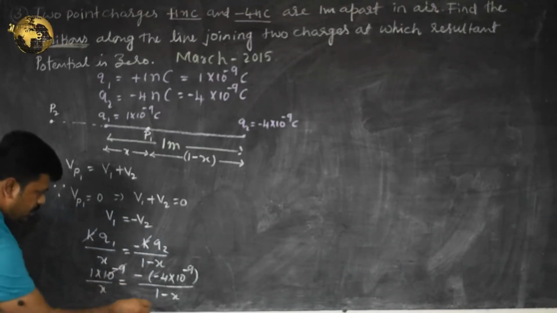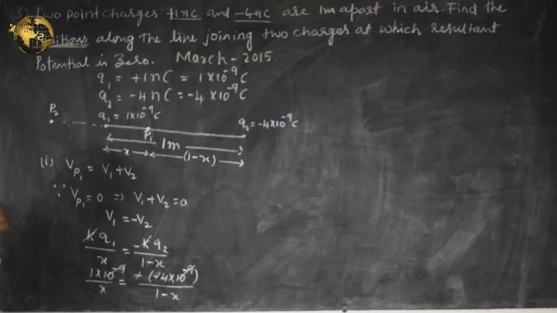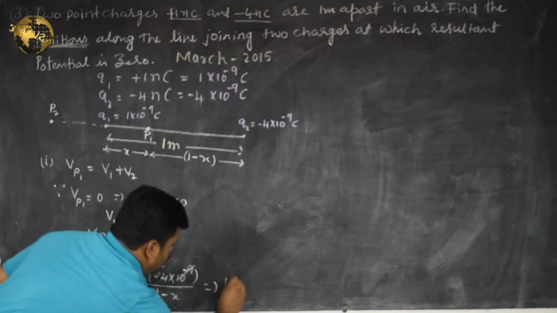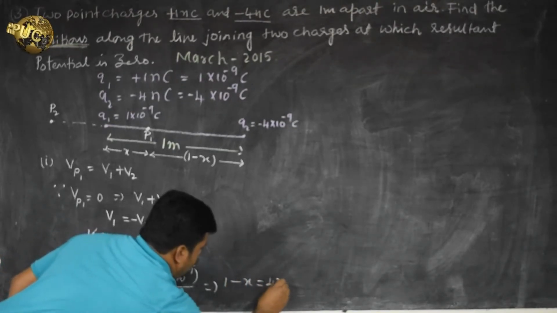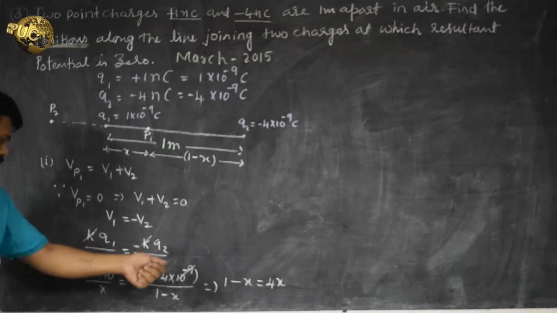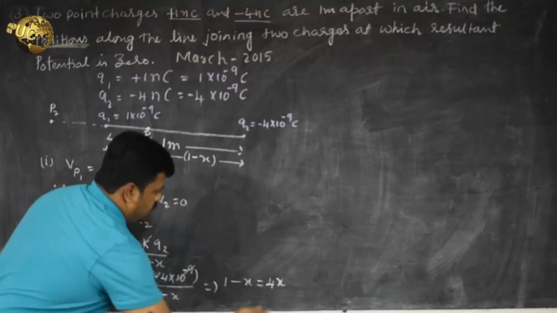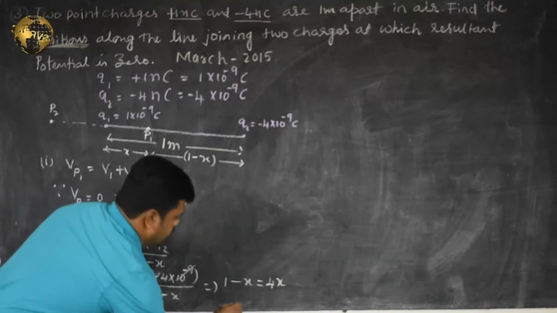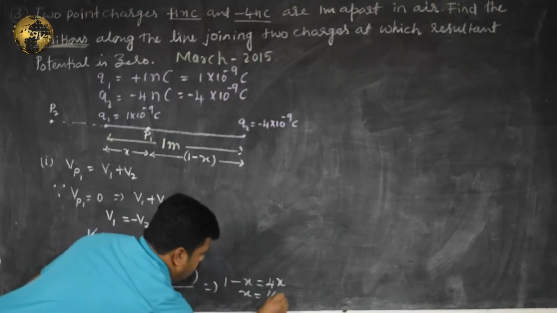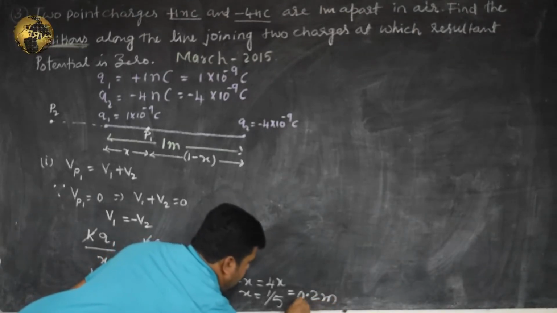The 10 to the power minus 9 cancel, and minus into minus is plus. On cross multiplying, I get 1 minus x is equal to 4x. Taking x to that side, that becomes 5x. So finally I get x is equal to 1 by 5, or 0.2 meters.